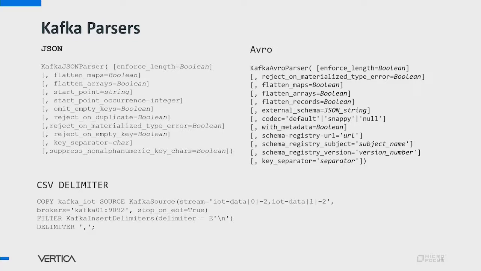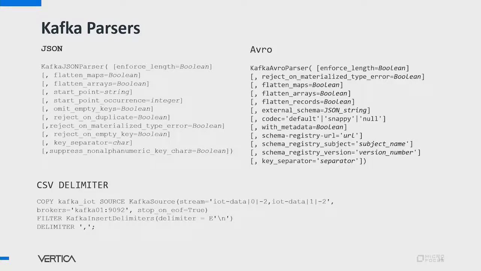We see here all the options that the Kafka JSON and Avro parsers can take. Functionally, they're not very different from the Flex parser, with the difference that Kafka Avro parser can leverage schema registry, and both Kafka JSON and Avro parsers can handle continuous loads, which is the requirement for using Kafka as a streaming data source for Vertica.